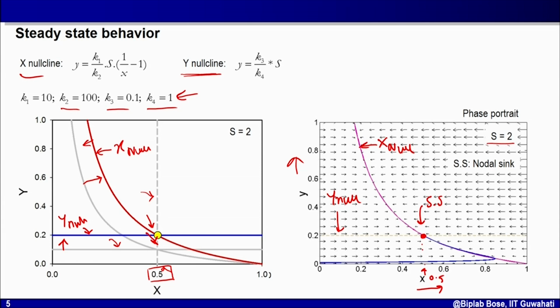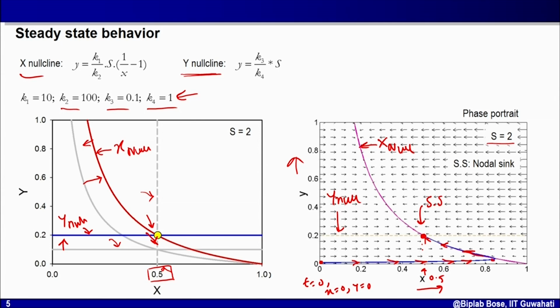So now if I start near 0, 0, that means at t equal to 0, x is equal to 0, y is also equal to 0, then my trajectory in the phase portrait shows that this way I will keep on increasing x, and then I will hit here, and then I will follow this path, eventually collapsing here, which is the steady state.